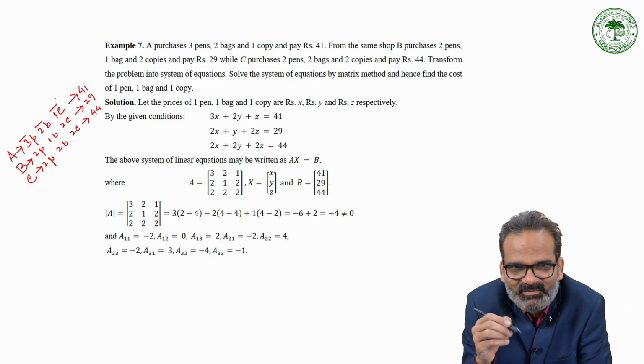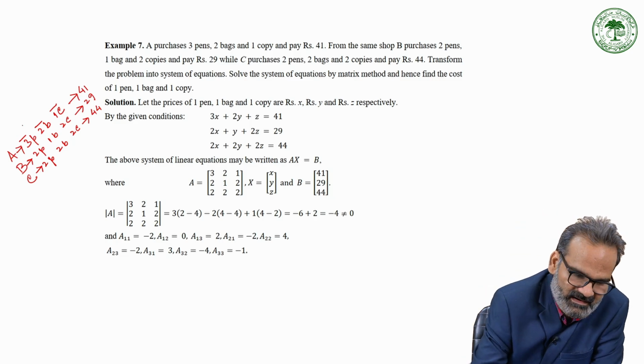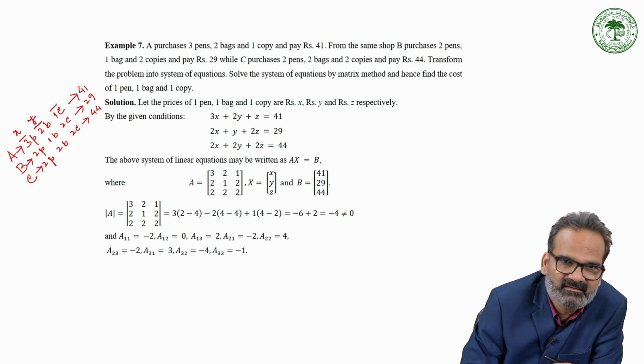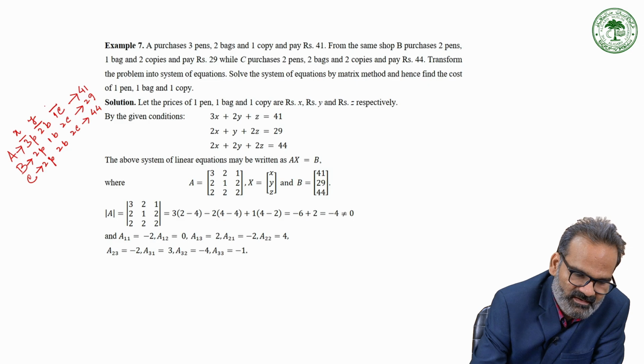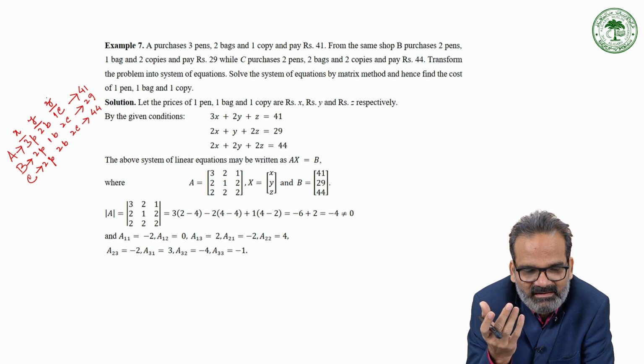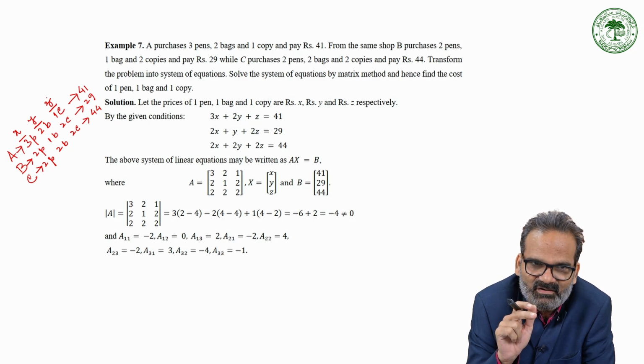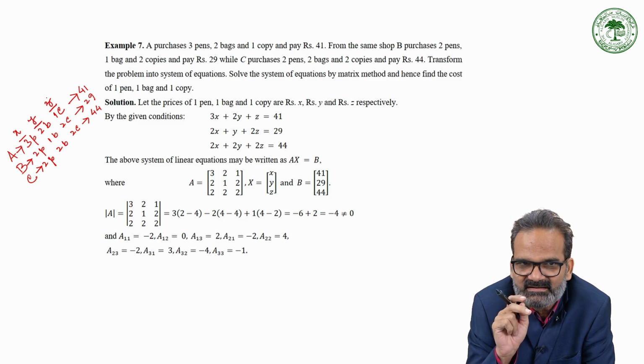So what we will do, let the price of 1 pen be x, the price of one bag be y, and the price of one copy be z. Let us denote the price of a pen as x rupees, price of a bag as y rupees, and price of a copy as z rupees.